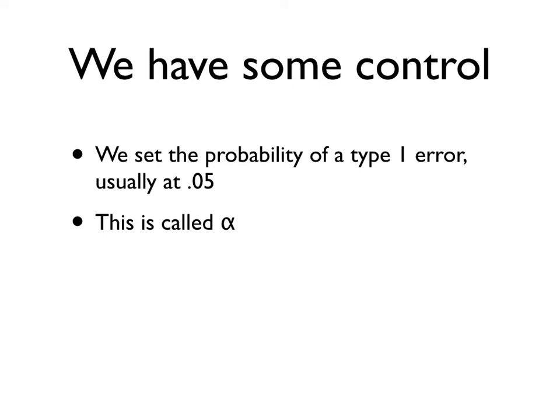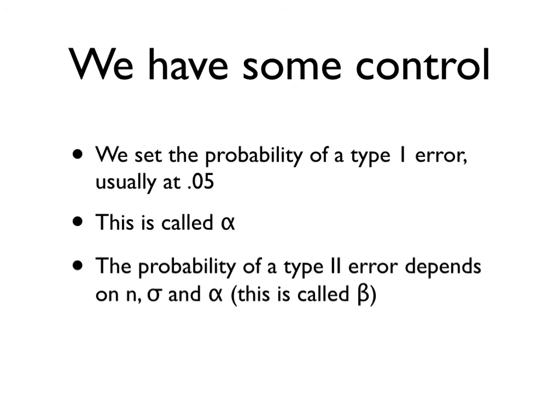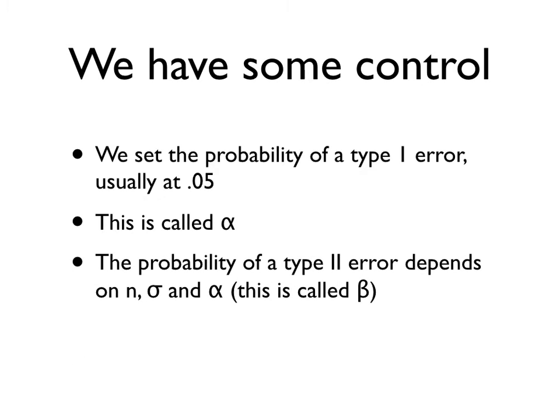So we set that value of a type 1 error. It's called alpha. And by the way, in about 3 weeks, alpha is going to mean another thing as well. And that's going to be really annoying, and it's not my fault. Don't blame me. Probably the type 2 error depends on n, the number of subjects, because the more you have, the more accurate your estimate's going to be.